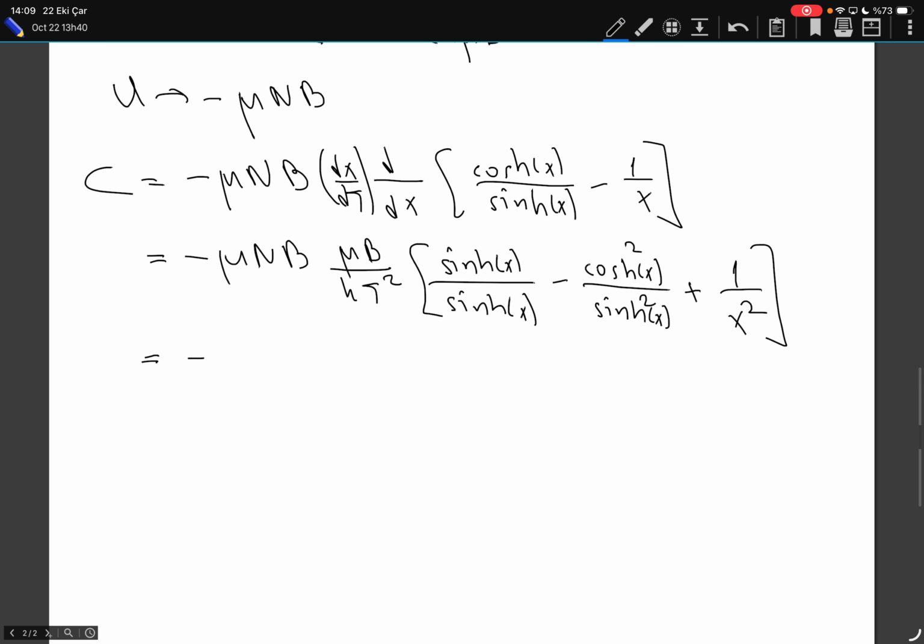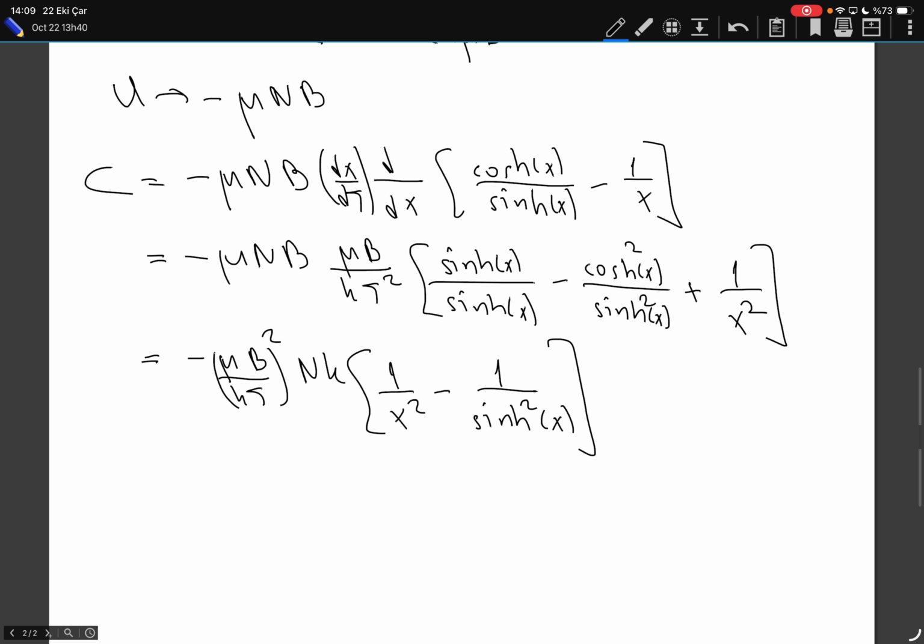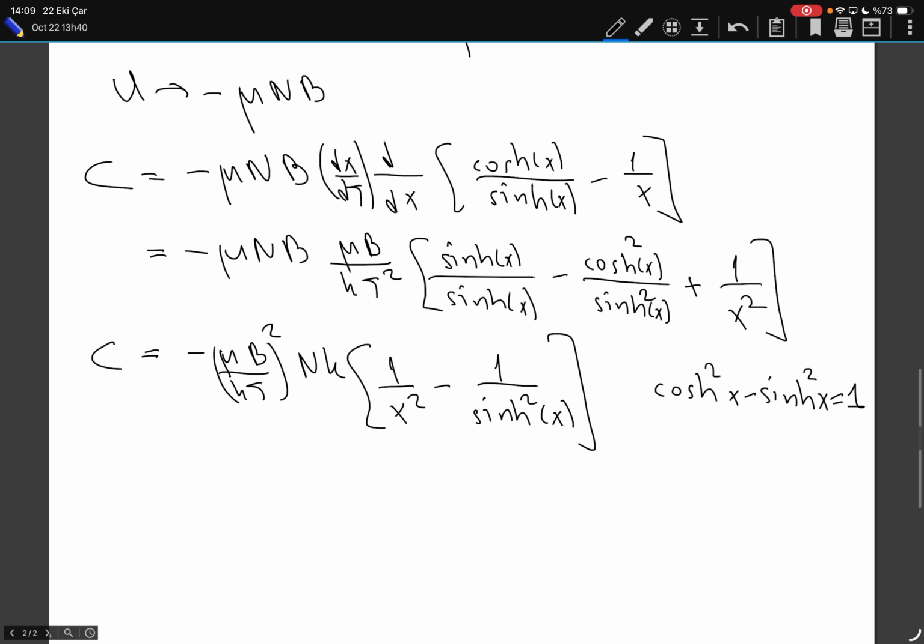Which is minus mu b over kt squared times nk times 1 over x squared minus 1 over sine hyperbolic squared x. Here what I used is cosine hyperbolic squared x minus sine hyperbolic squared x is equal to 1. Just combine those two, the first two terms. Okay, this is the general expression.